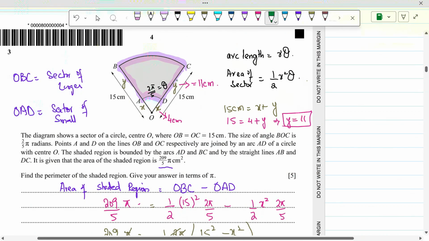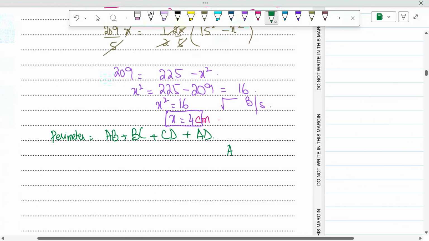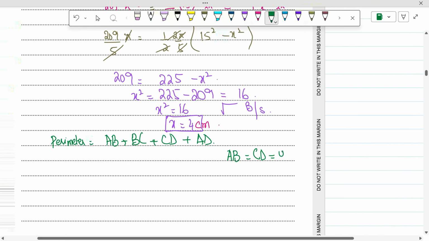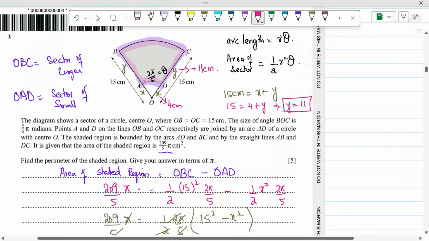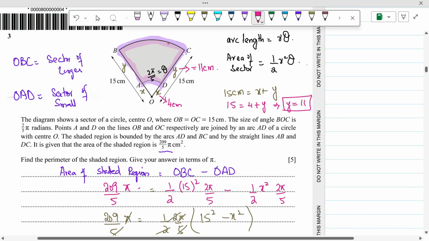AB and DC are Y, which we just calculated. So AB is equal to CD, which is equal to Y, which is 11 centimeters. Where AD is the arc length of the small circle and BC is the arc length of the large circle.